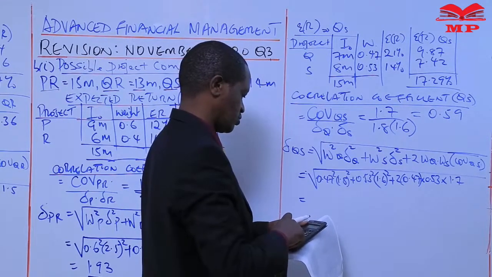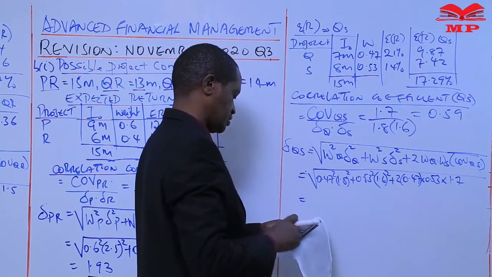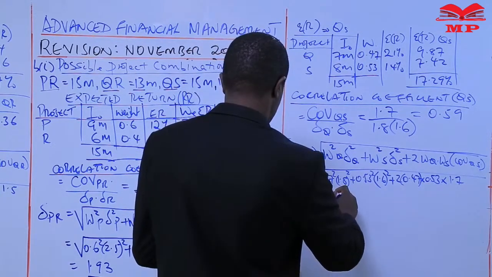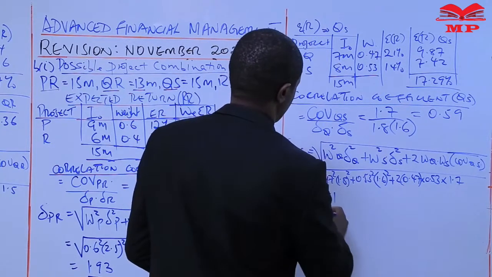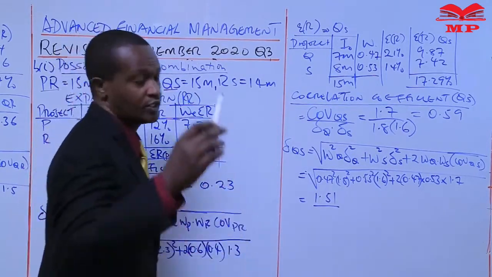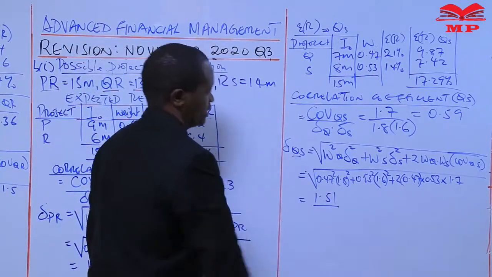Then we get the square root. The answer here is 1.51. 1.51 is the standard deviation of portfolio QS.